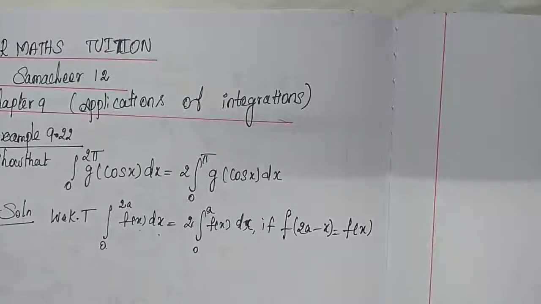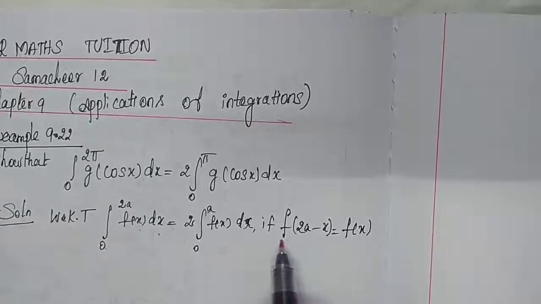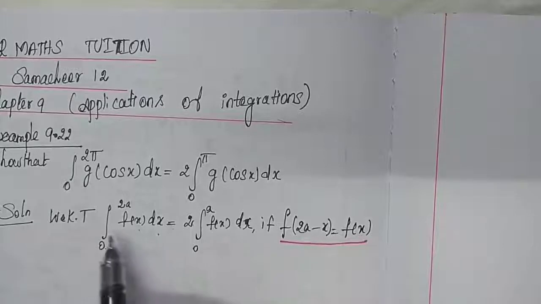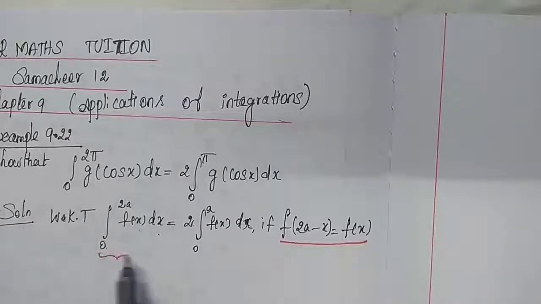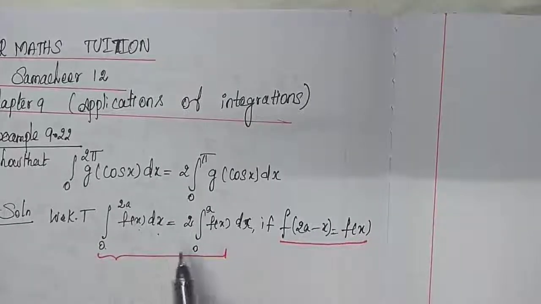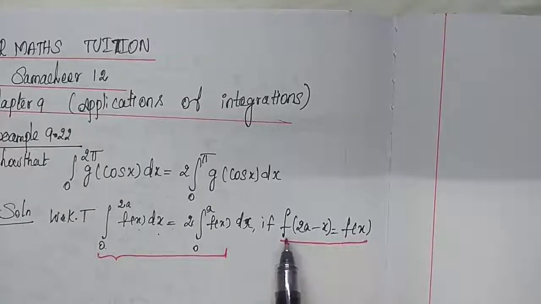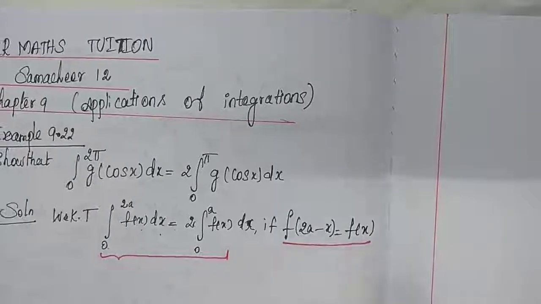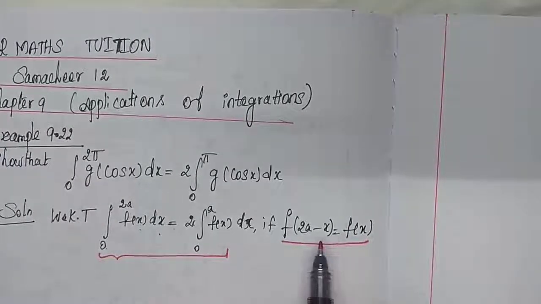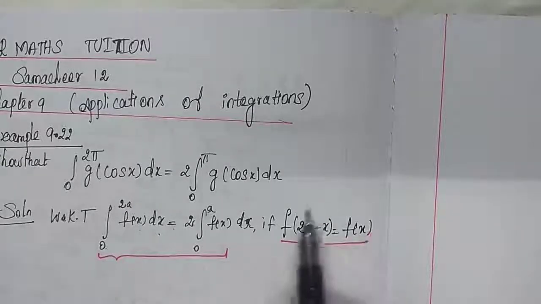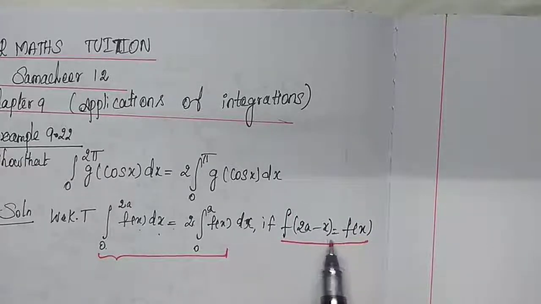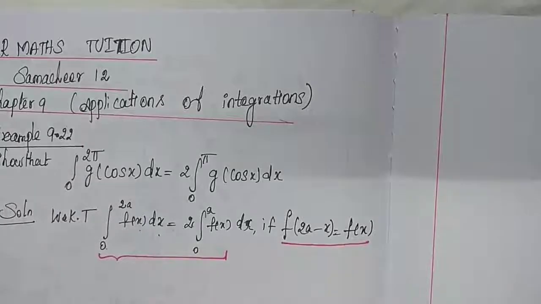The condition after "if" is true, so the first part is also true. The first part is true when f of 2a minus x is equal to f of x. First, we check the condition f of 2a minus x equals f of x.